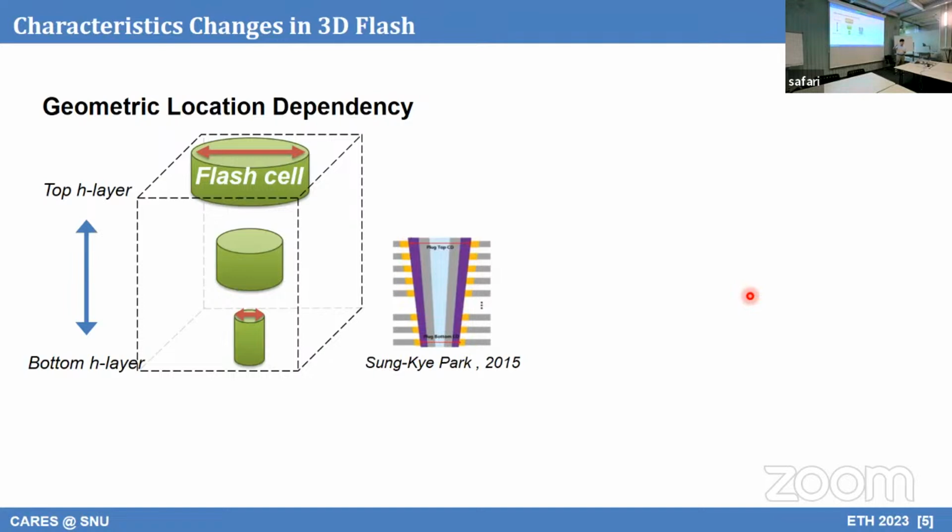So depending on your H layer position, for example, this one is a little exaggerated, but at the top level it has a bigger radius, and the bottom level H layer has a smaller diameter. These changes give you reliability changes. So depending on geometric position, a cell has different characteristics.